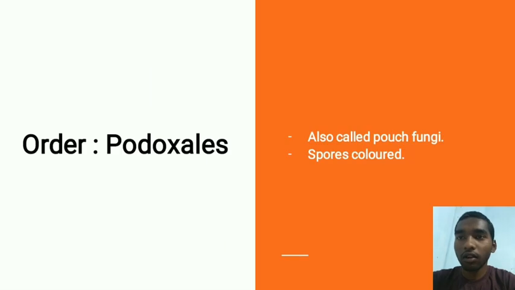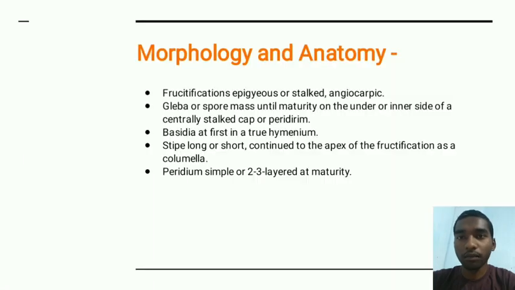First, order Podaxales. Podaxales are also called pouch fungi, in which also the spores are colored. The morphology and anatomy include the fructifications, which are epigeous or stalked or angiocarpic. The gleba or spore mass matures on the inner side of the centrally stalked cap.